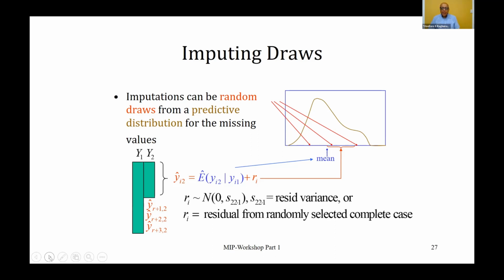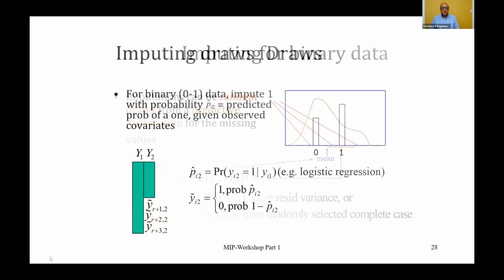Or I can be non-parametric: randomly select a complete case residual and add it to the predicted value for the non-respondent. So you can use either a normal distribution based random draw, or a non-parametric draw from the distribution of the residuals.